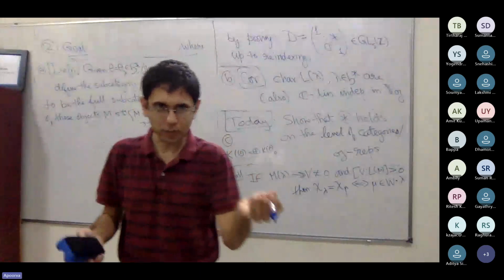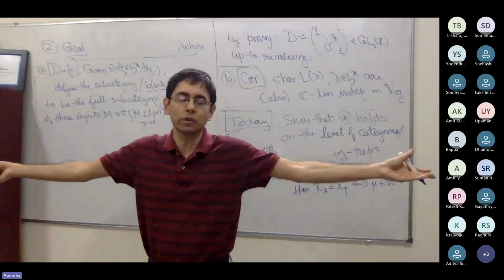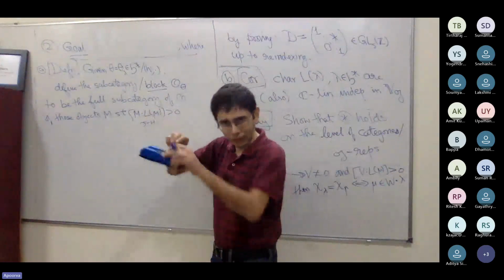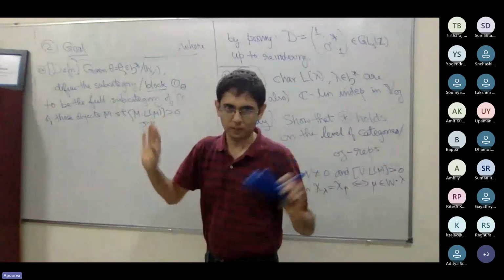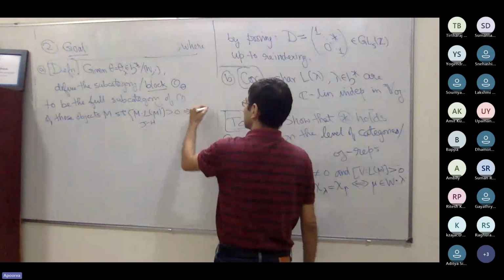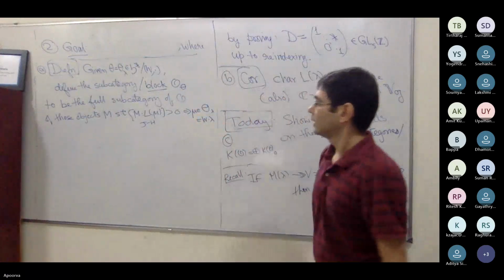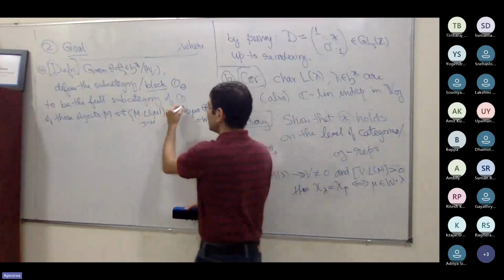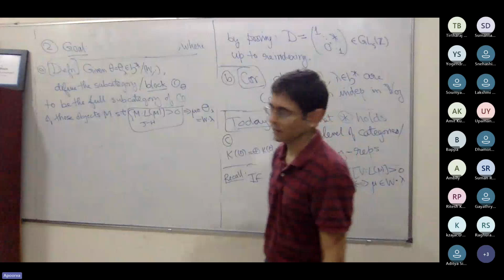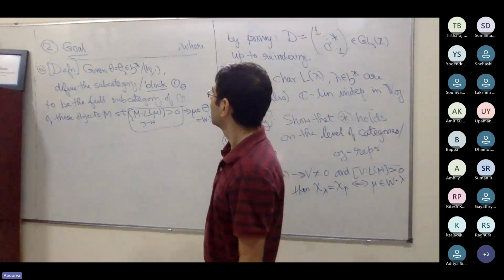And remember by the Jordan-Hölder theorem that any two maximal chains of submodules will have the same set of simple factors. So if this occurs in one of the chains, it occurs in every chain. If this happens, it implies mu belongs to theta. If you have any simple subquotient, then that has to come from the same central character. That is what I mean by these subcategories.